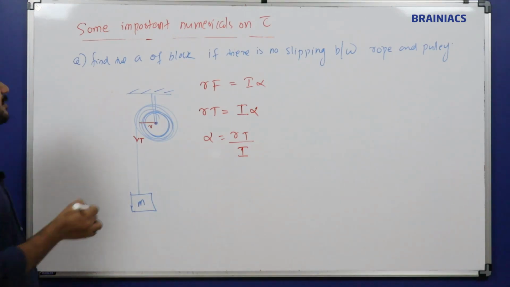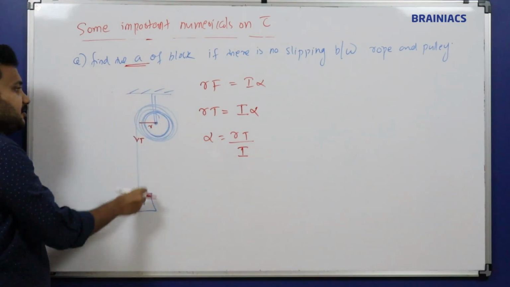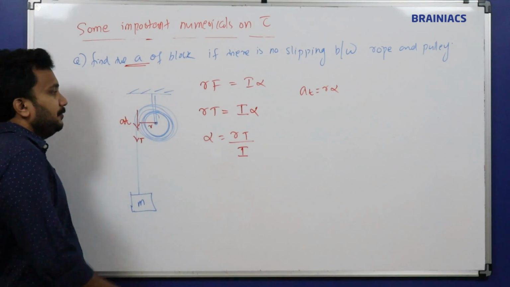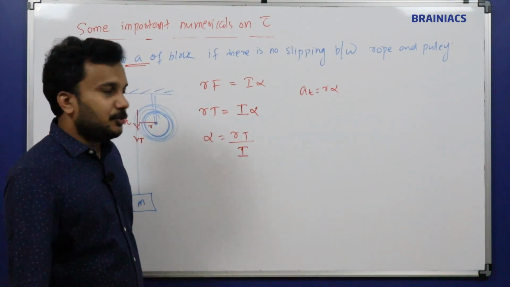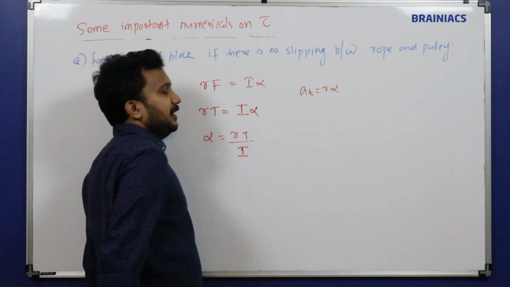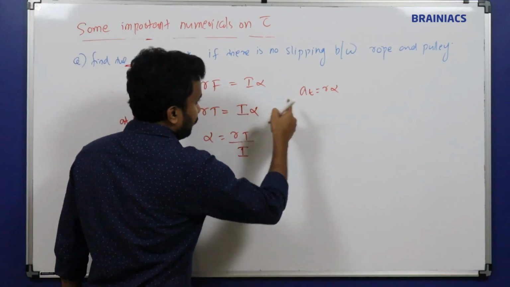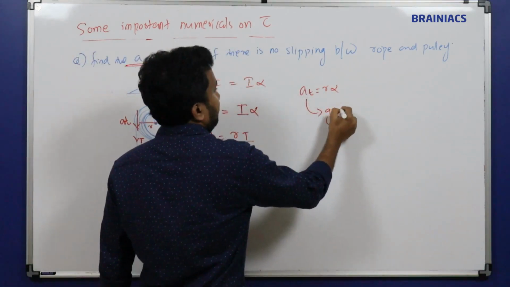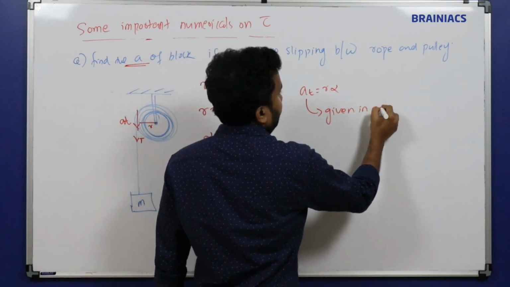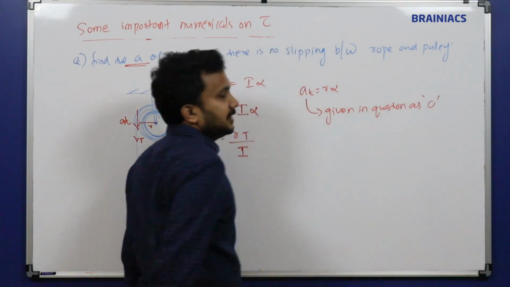But the question is always interested in this acceleration A. Here this acceleration is actually a tangential acceleration. We know the relation between AT and alpha. AT is equal to R alpha. AT is given in the question as A.